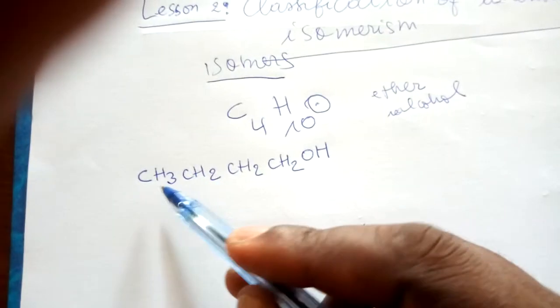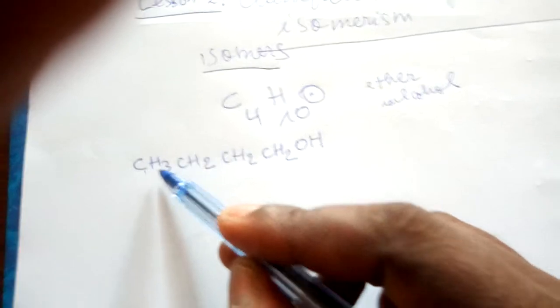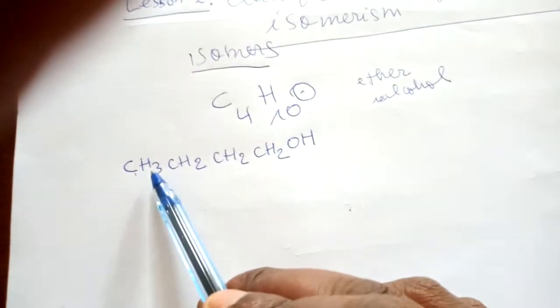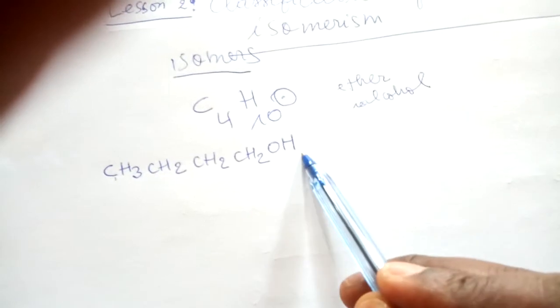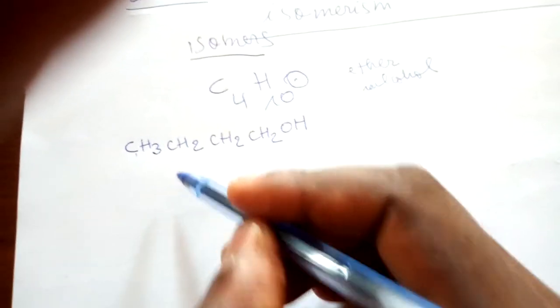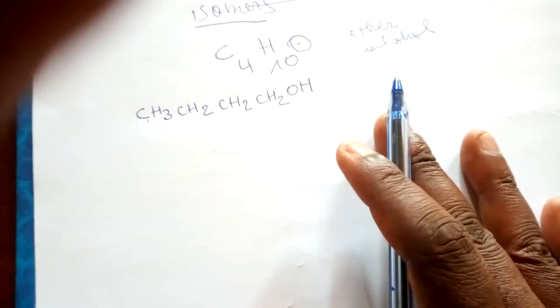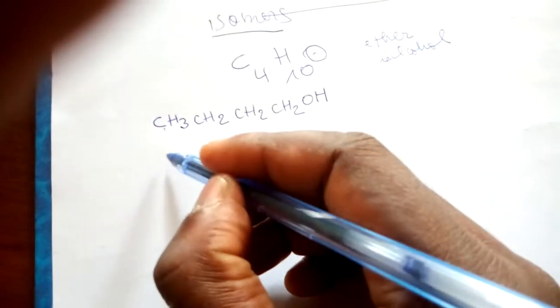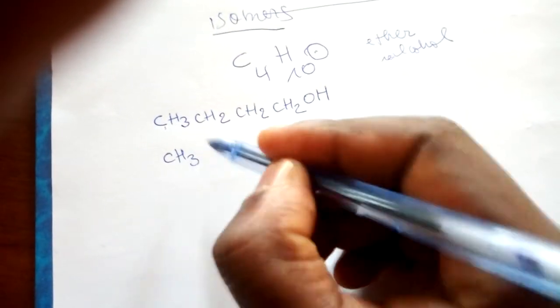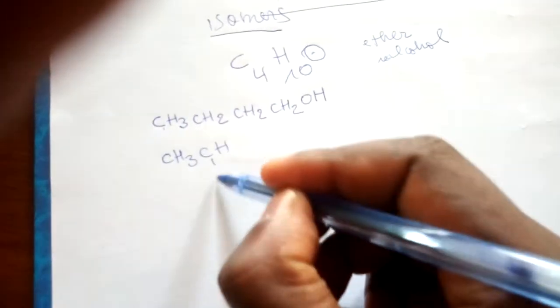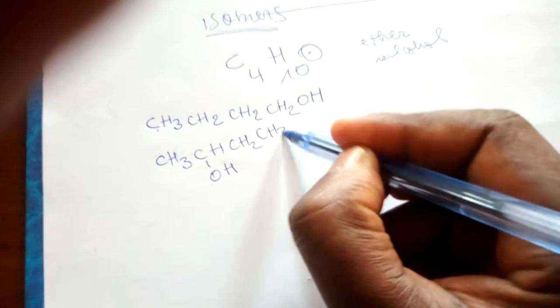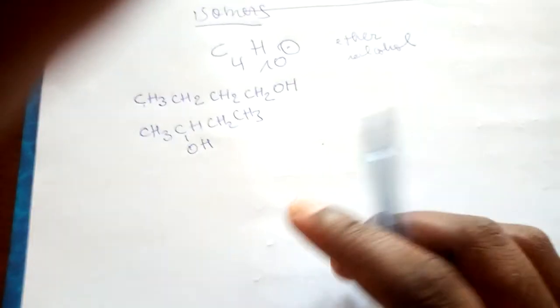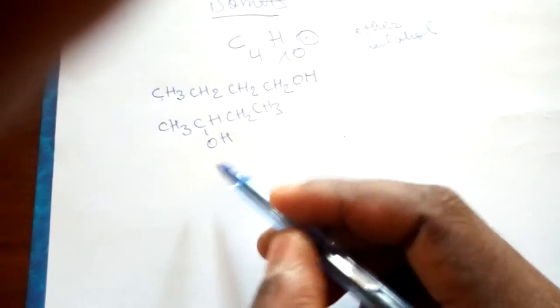If we count, we have 4 atoms of carbon and 10 atoms of hydrogen, and 1 oxygen. But if we change the structure and write CH3, CH, OH, CH2, CH3, this compound also has the same formula.